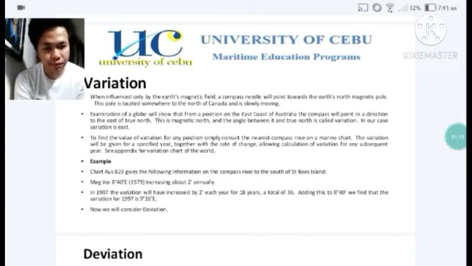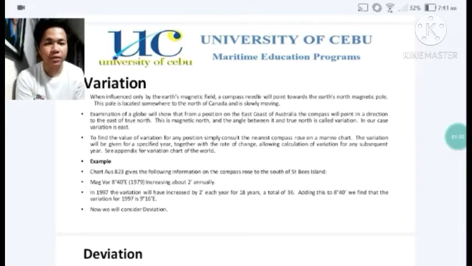So, for example, chart AUS 823 gives the following information in the compass rose to the south of Stradbroke Island. The magnetic variation is 8 degrees 40 minutes east, increasing about 2 minutes annually.